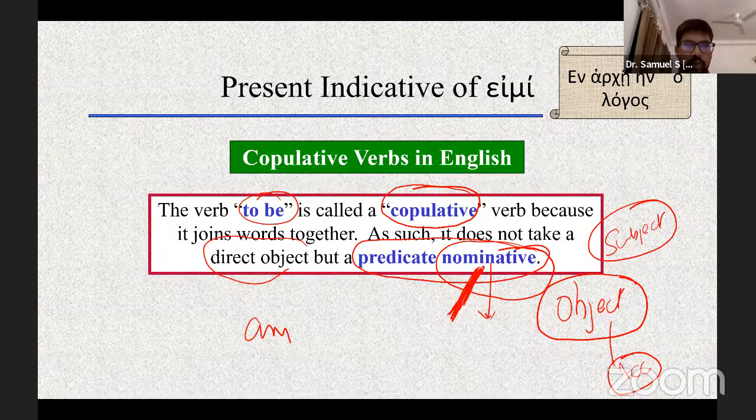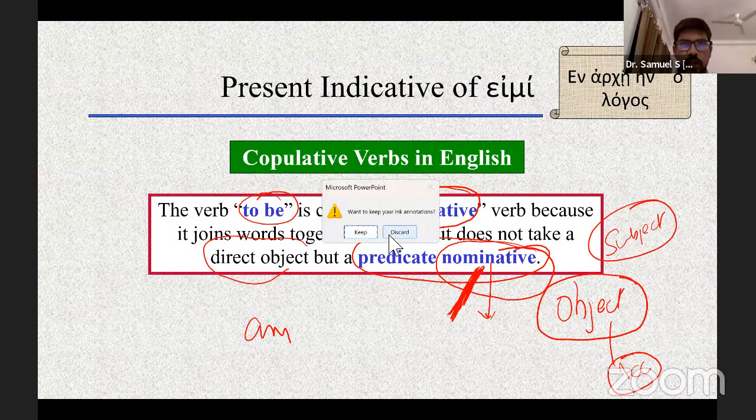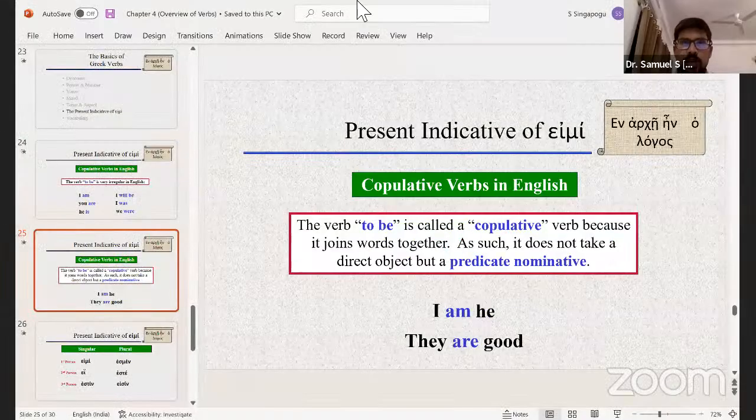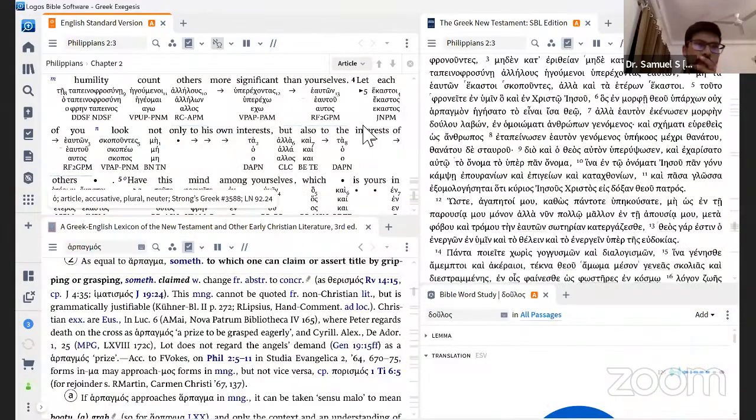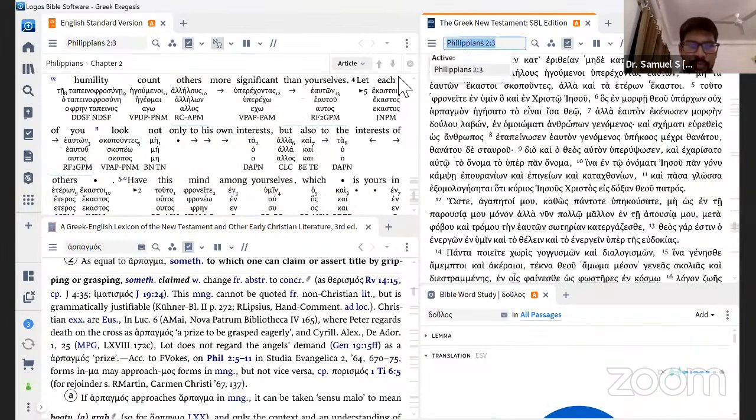Let me actually quickly show it in John 1. This is one of the most famous verses, no?